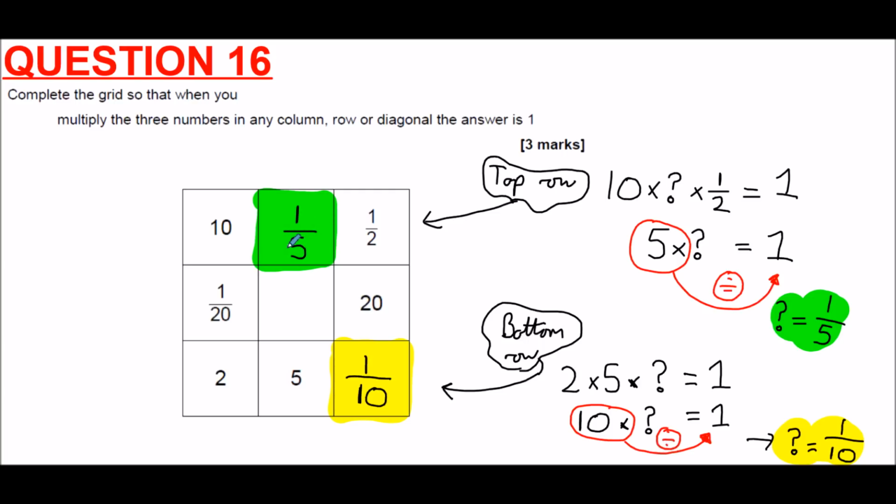Now we can do the middle. We can look at this middle column, or the middle row, or even any diagonal. What I'm going to suggest is just picking the smallest, easiest numbers. Let's have a look at the diagonal from this corner to this corner, that diagonal there.